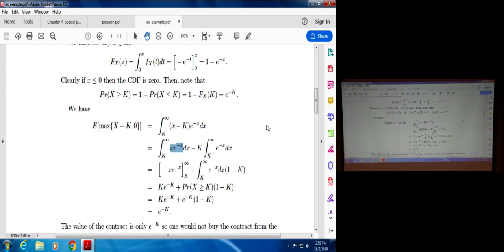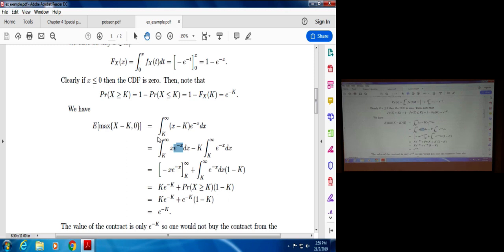So let's do integration by parts here. I apply the integration by parts formula. I let my function u equal x. The derivative of x with respect to x is 1. I take dv by dx as e to the minus x, so the integral of e to the minus x is minus e to the minus x.